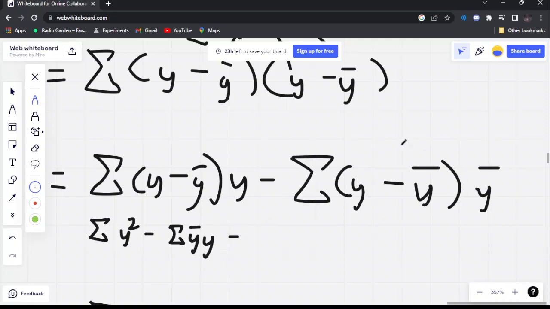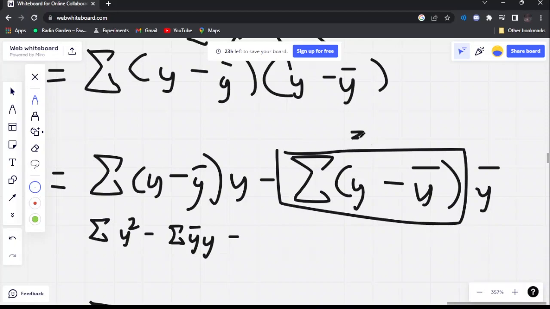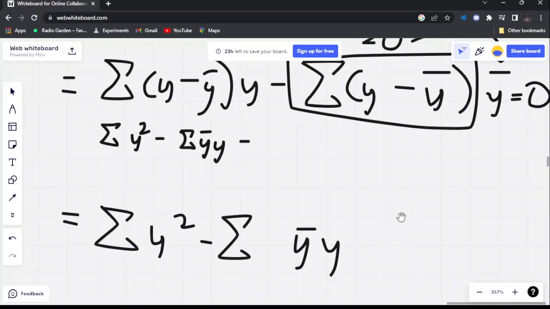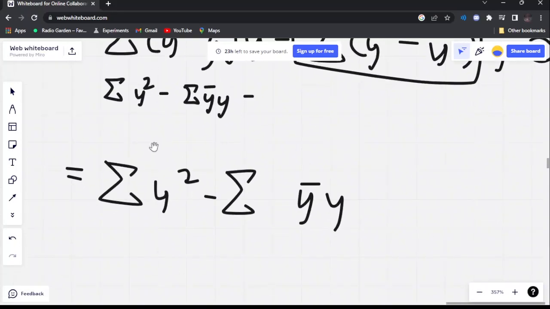Now, same thing goes for y. This term right here is equal to 0, and if we multiply this by y bar, we would get 0. So it would result in this term right here. Now, same thing goes for y also. We need to rewrite summation of y.